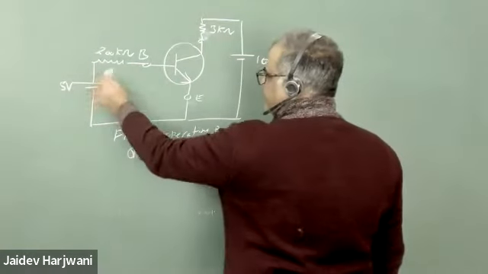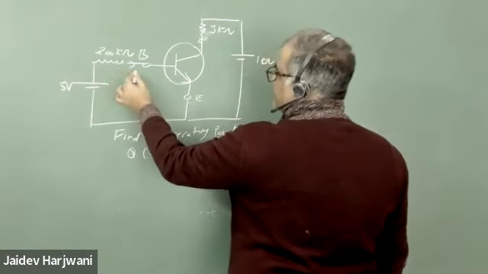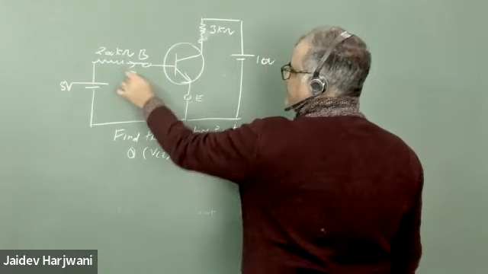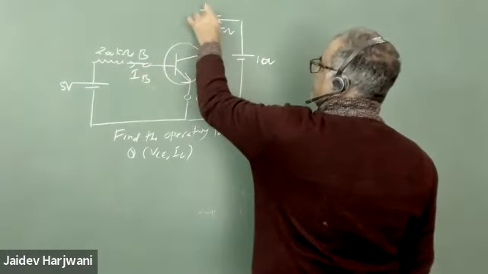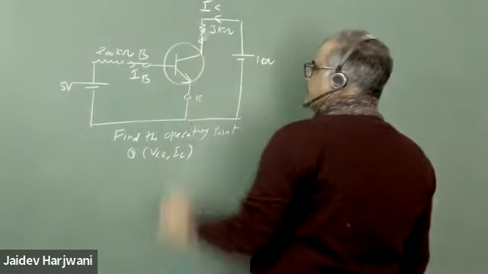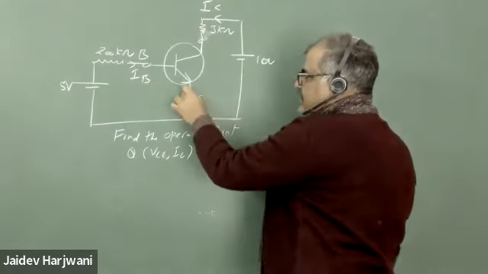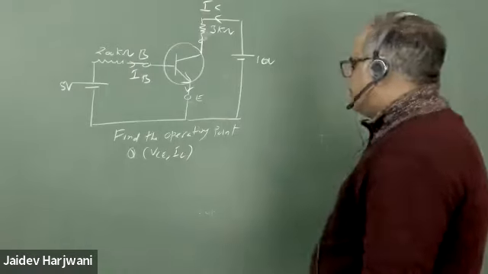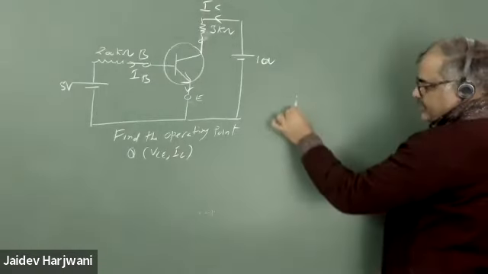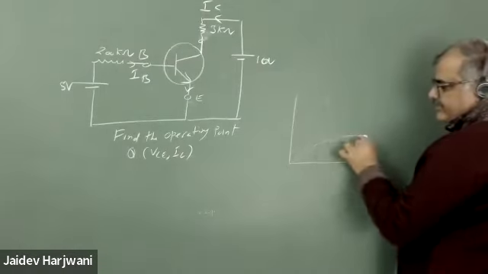So this is your base, and this current coming here is IB. Similarly, IC is also coming. The current which flows through the collector terminal is called IC. This is your IB and this is your IE, which is coming out. Now, just now I have drawn some characteristics.